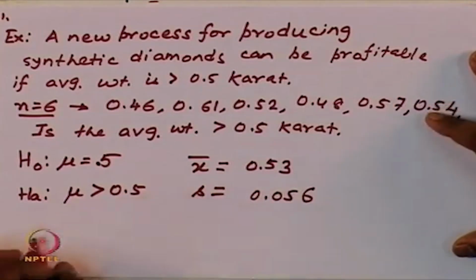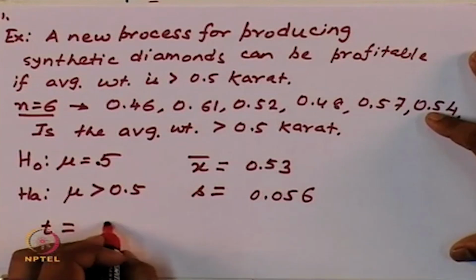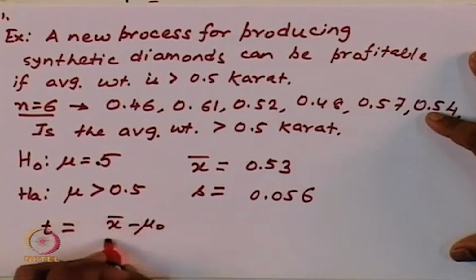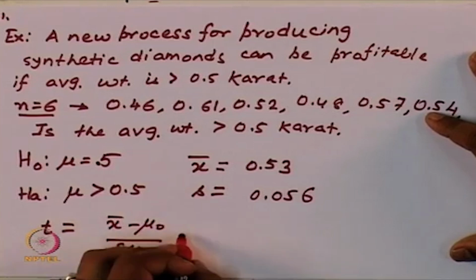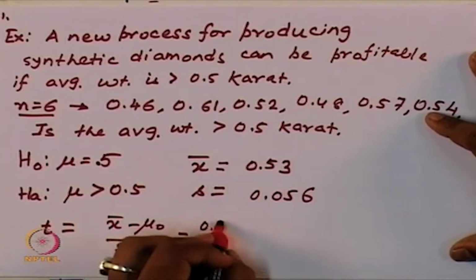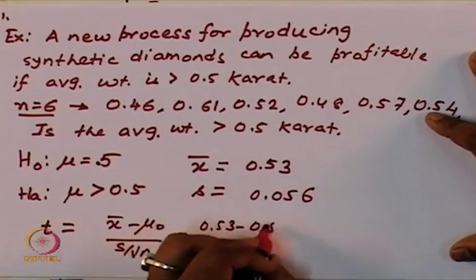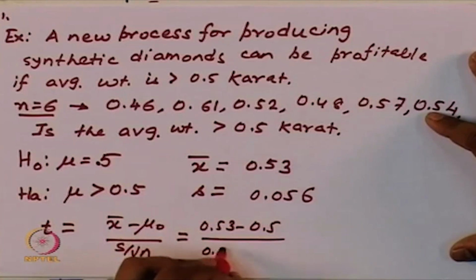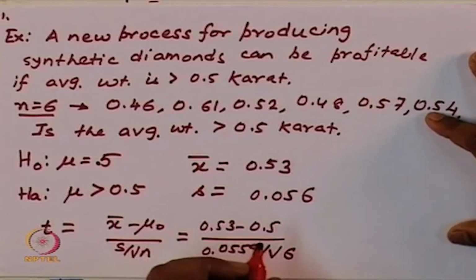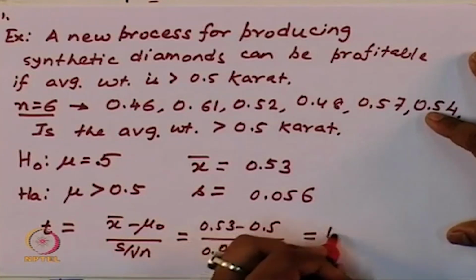With these values of x bar and s, I can calculate the t statistic, which is x bar minus mu naught divided by s by root n. That is 0.53 minus 0.5 divided by 0.056 by root of 6, and I get a value of 1.32.